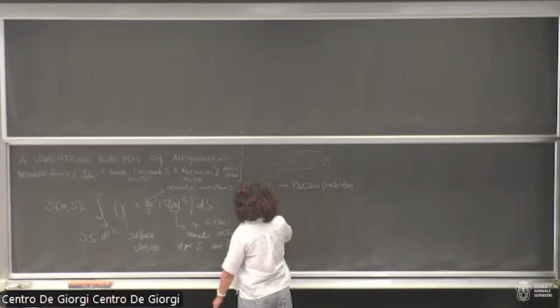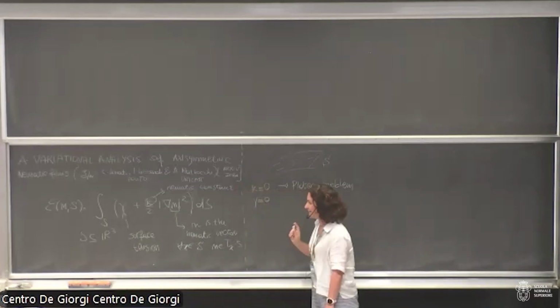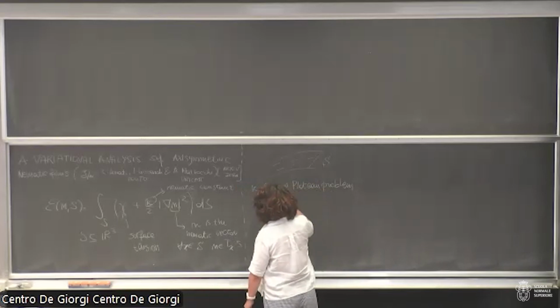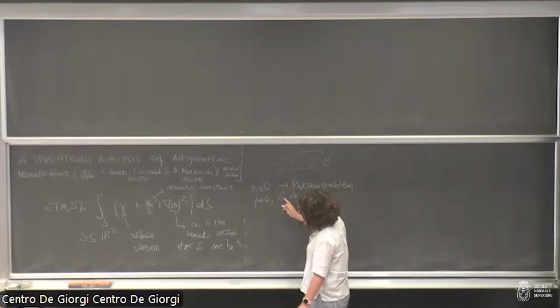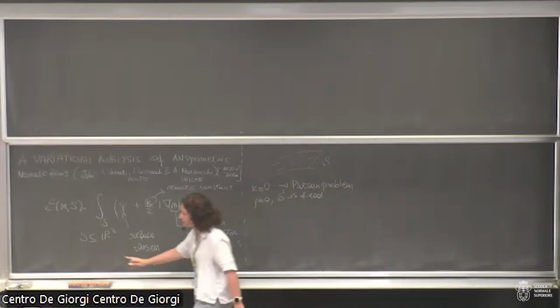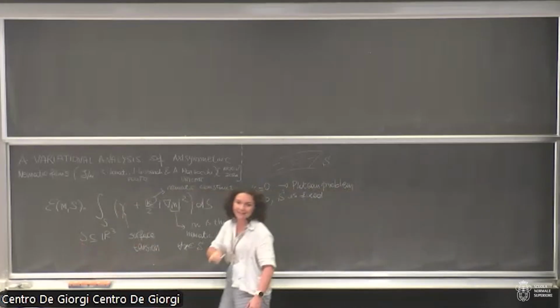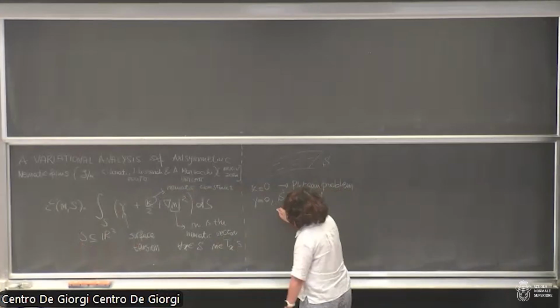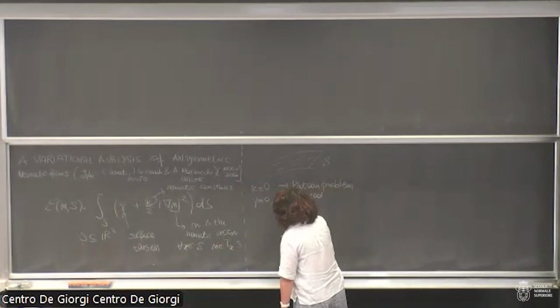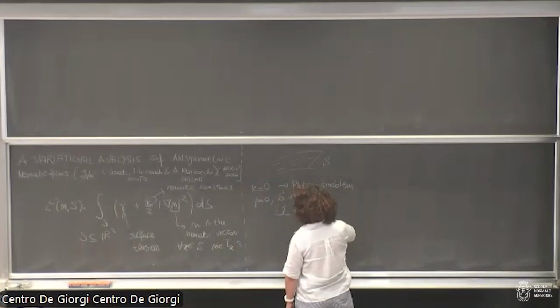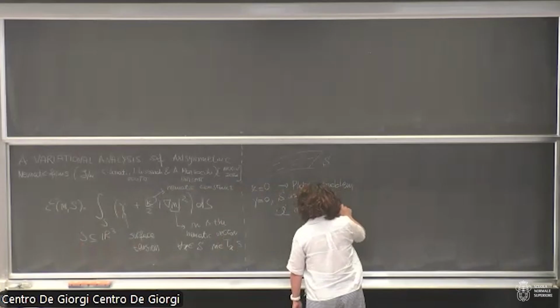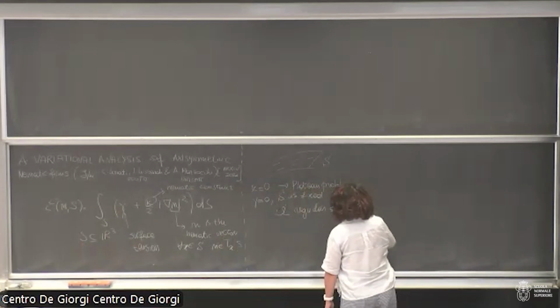If gamma is equal to 0 and S is fixed, it is not a surface but an entire domain, which I'm now calling omega, and omega is a regular set. For instance, let's think about R^d.